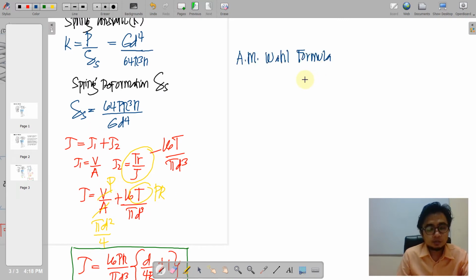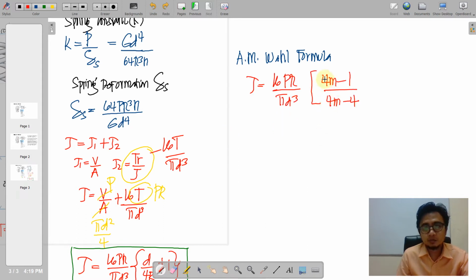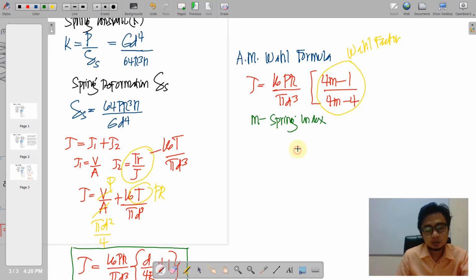To solve for the more precise value of the tau, or the shear stress on the spring. So it is, just copy that one. And then the first term here is 4m minus 1 all over 4m minus 4, which is actually the Wahl factor, where m is the spring index, equivalent to the mean diameter divided by the wire diameter.